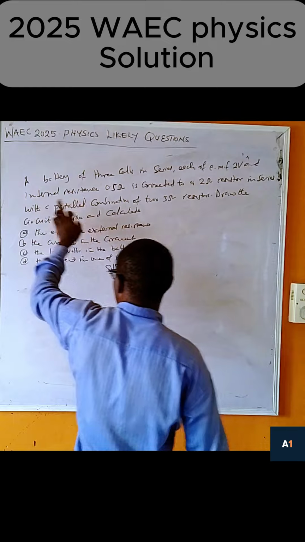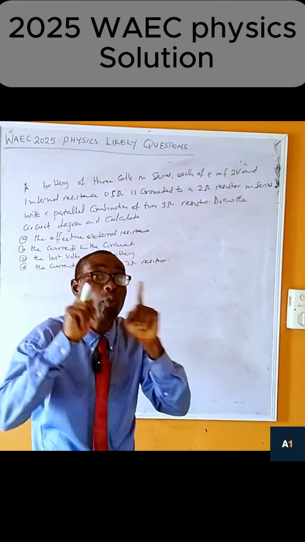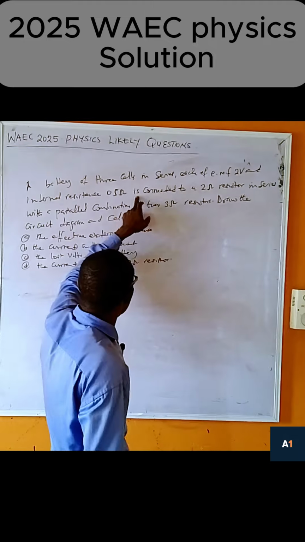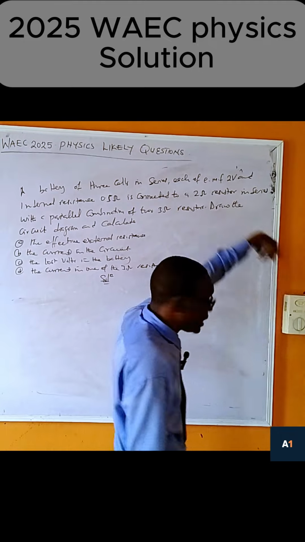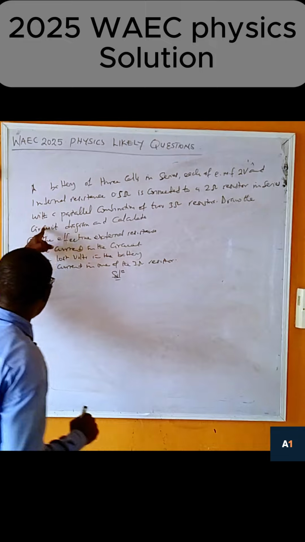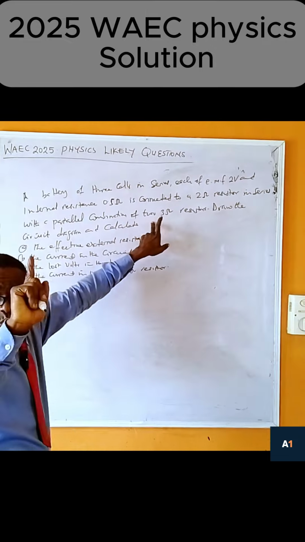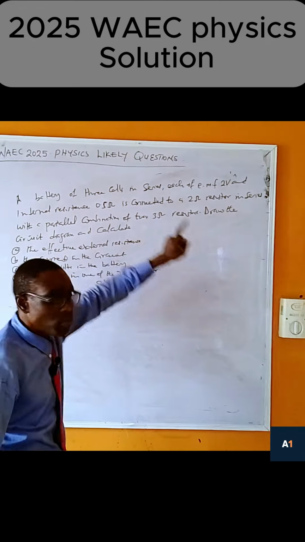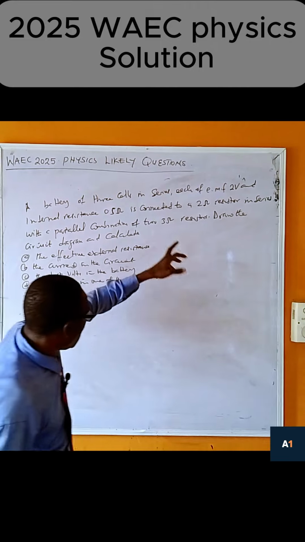Internal resistance of 0.5 each means the total internal resistance will be 1.5 because it's 3 cells. Then it's connected to a 2 ohm resistor in series, with a parallel combination of 2, 3 ohm resistors.